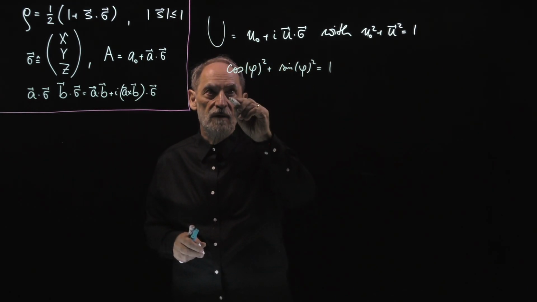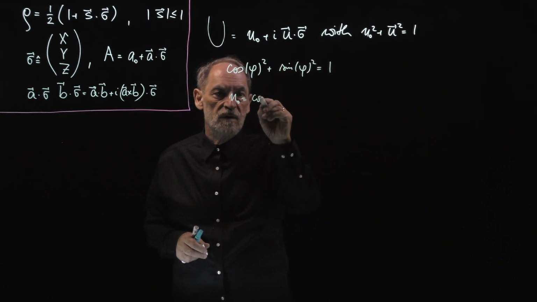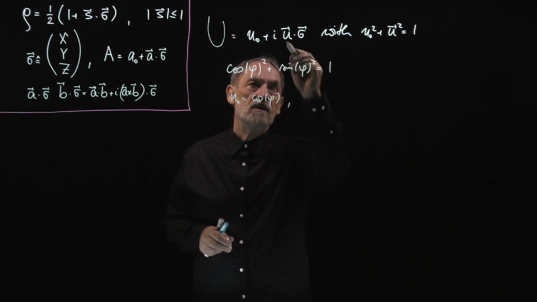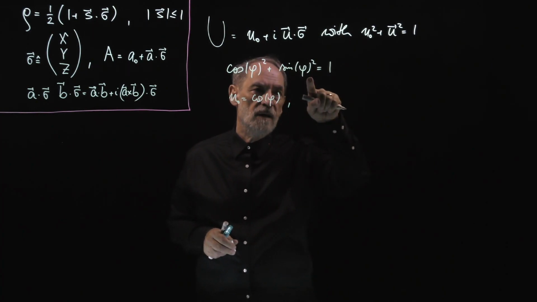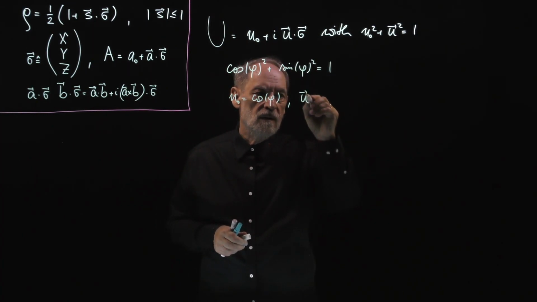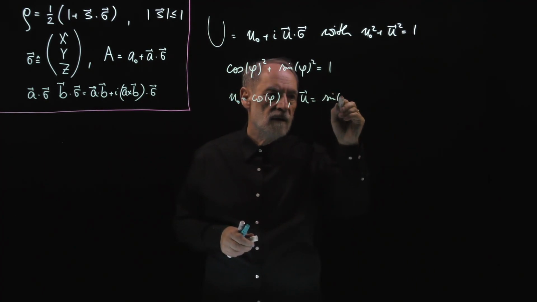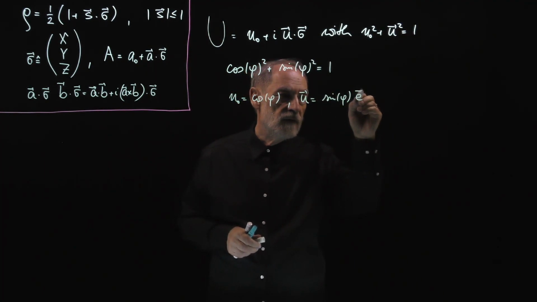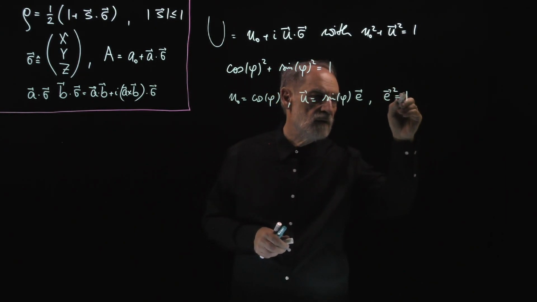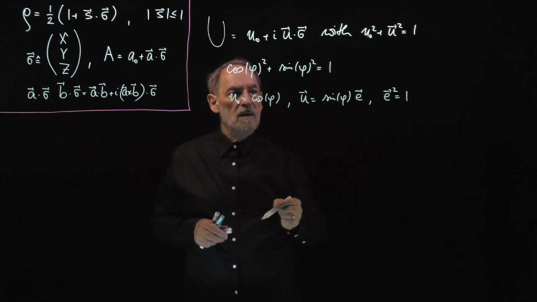For that we write U0 equals cosine phi, and the U vector then has the length of sine phi, so we write the U vector as sine phi multiplying a unit vector E. So E squared is 1. This is a vector of unit length.